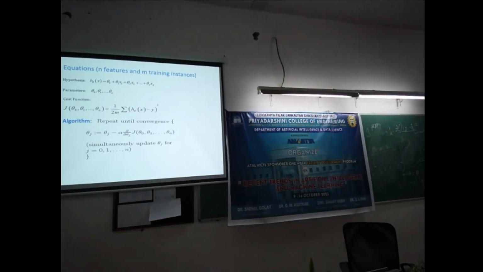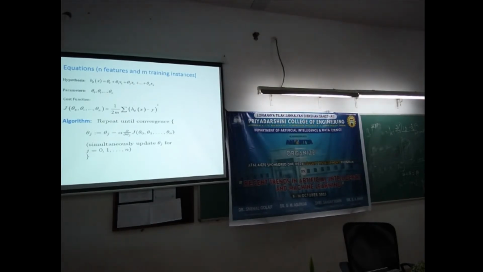Here m is for number of training instances. So why 1 by m? Because we are taking average mean squared error, average of error over how many instances? m. So that's why m is there. And why is it 1 by 2m? 2 is for adjustment: when you take the partial derivative, the 2 from the square term will come to the left and cancel out. तो उसको simplify करने के लिए people write it as 1 by 2m. You can write 1 by m as well.